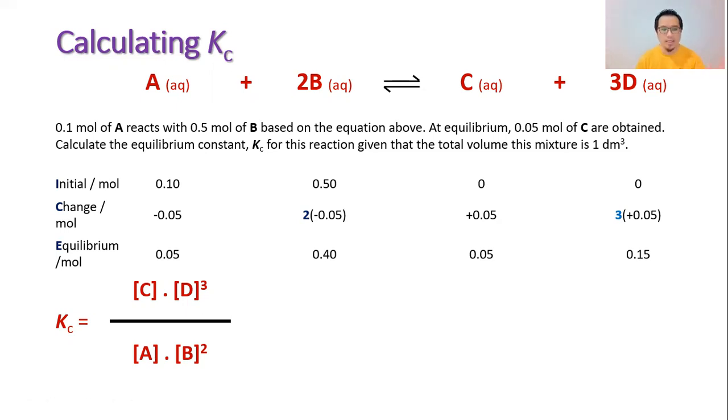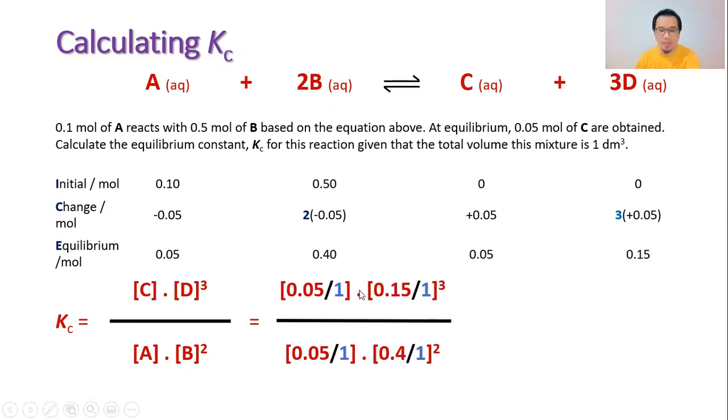So this is our Kc expression. Notice that all these terms are in concentration. Square brackets, by the way, represent concentration. But on our I.C.E table, all of this is given in moles. So there is one extra step you need to do in order to calculate Kc.